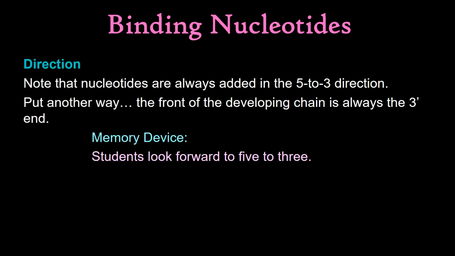Well, 5 to 3 is just before the bell goes for home time, right? And so if students look forward to 5 to 3, well, DNA is replicated forwards from the 5 prime end towards the 3 prime end. And I think that's a useful way of memorizing which direction DNA synthesis happens.